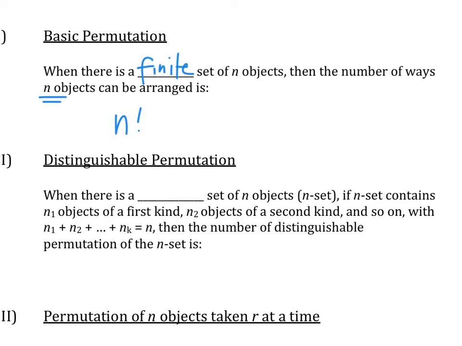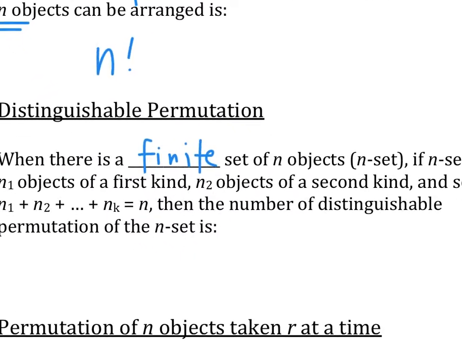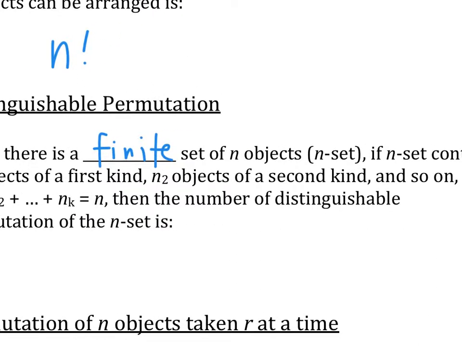Okay, distinguishable permutation. When there is a finite set of objects, an n set, and if the n set contains n1 objects of the first kind and n2 objects of the second kind and so on, so that n1 plus n2 all the way to nk is n, then the number of distinguishable permutations of the n set is given by a formula.